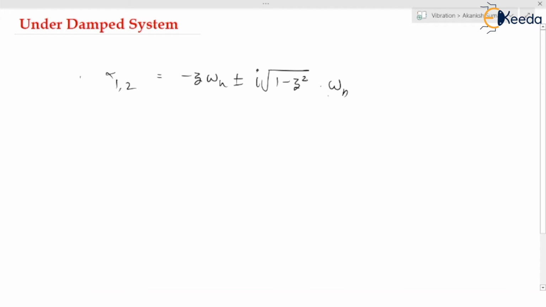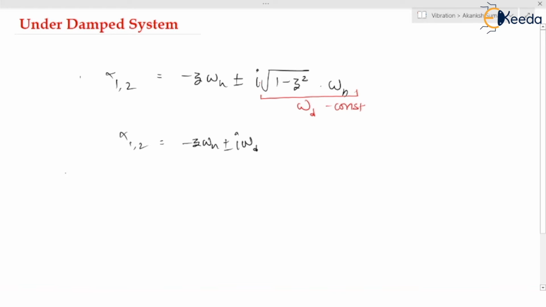Here this term represents omega d, which is constant. This complete term, multiplication of iota, represents omega d. So the roots become alpha 1,2 equal to minus zeta omega n plus minus iota omega d. So these are the roots of the equation.